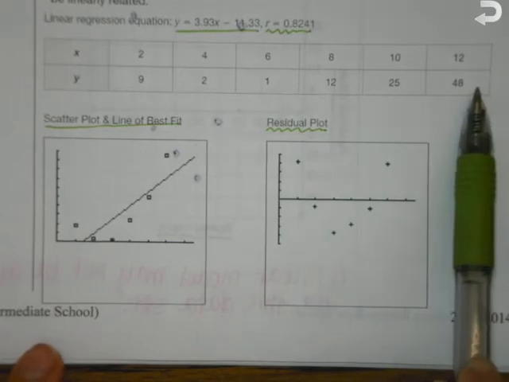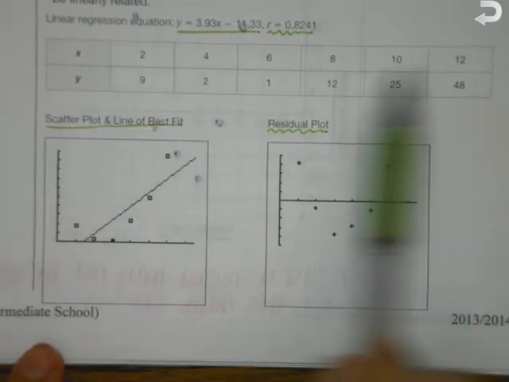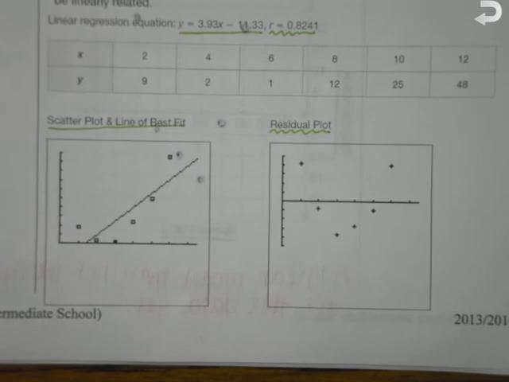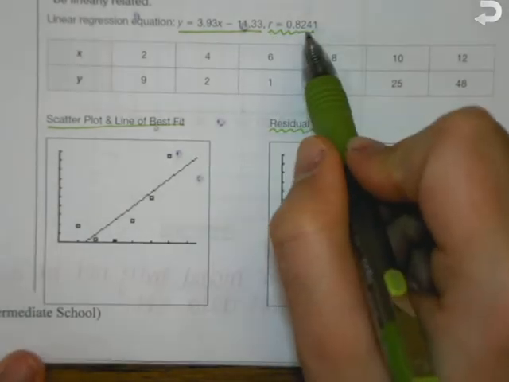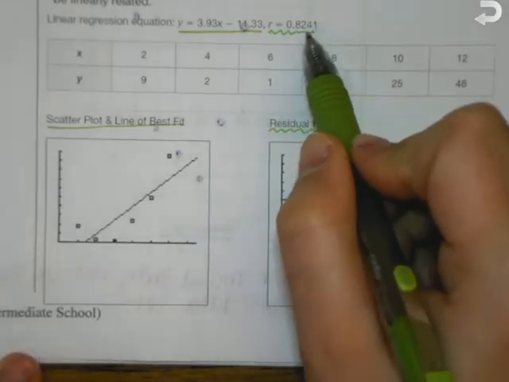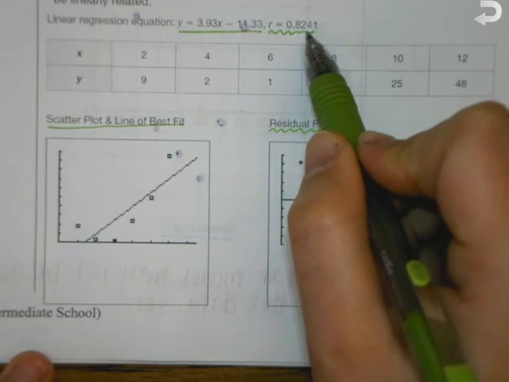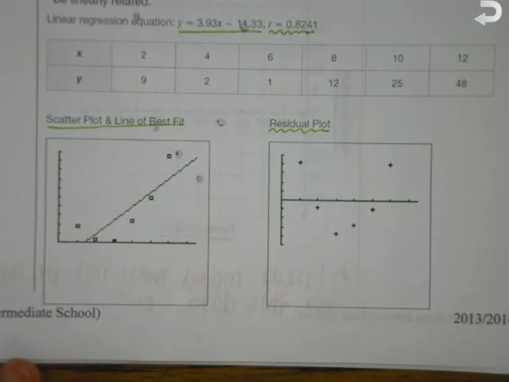It's increasing. So just looking at the x and y values, do you think that the data looks linear? No. I'm not thinking so right now. And then look at your R value, 0.8. Is that high? High, remember, means close to 1. Kind of. So our R value tells us that the line of best fit is pretty close to everything.